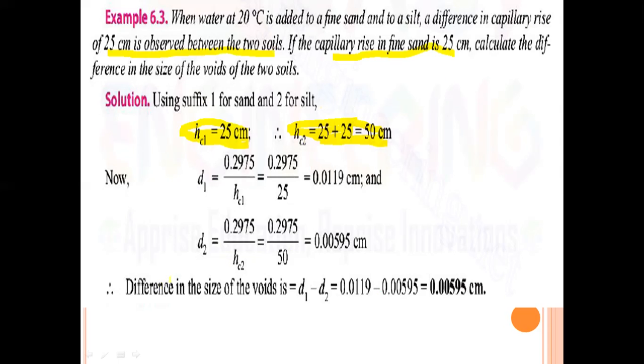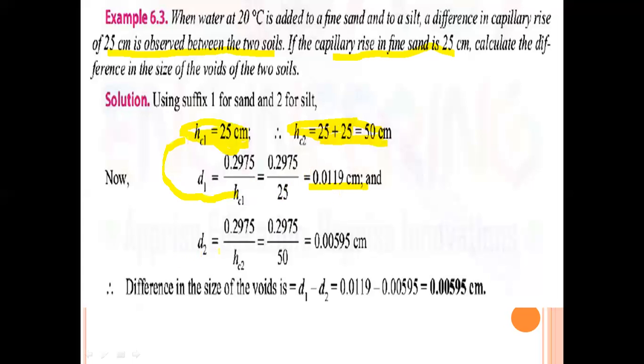Now d1 equals, the formula is 0.2975 divided by HC1. HC1 is 25 centimeters, substituting in the equation. So 0.2975 divided by 25 equals 0.0119 centimeters.